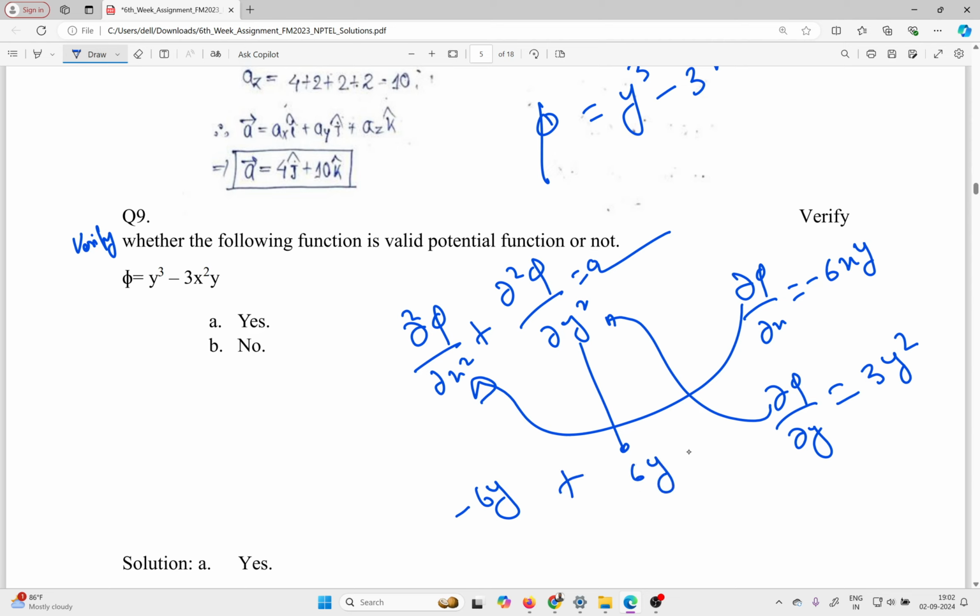When you add these two things, it will be 0, so definitely it is satisfying.